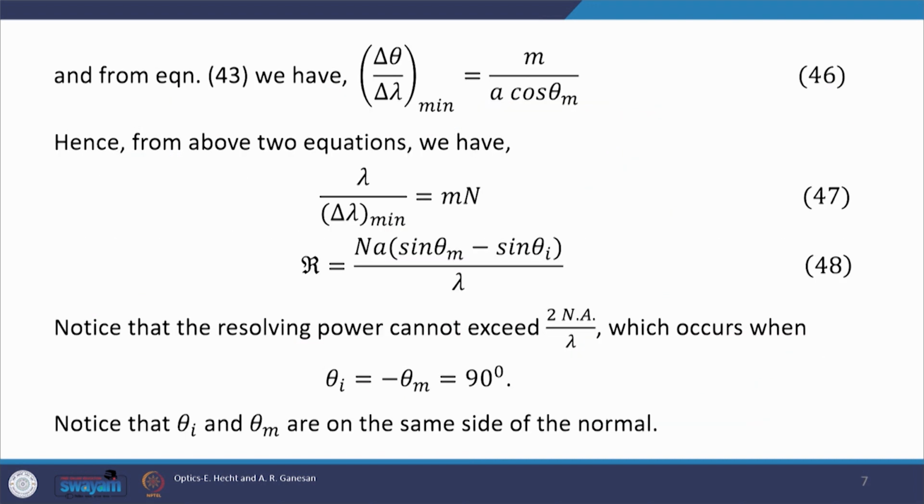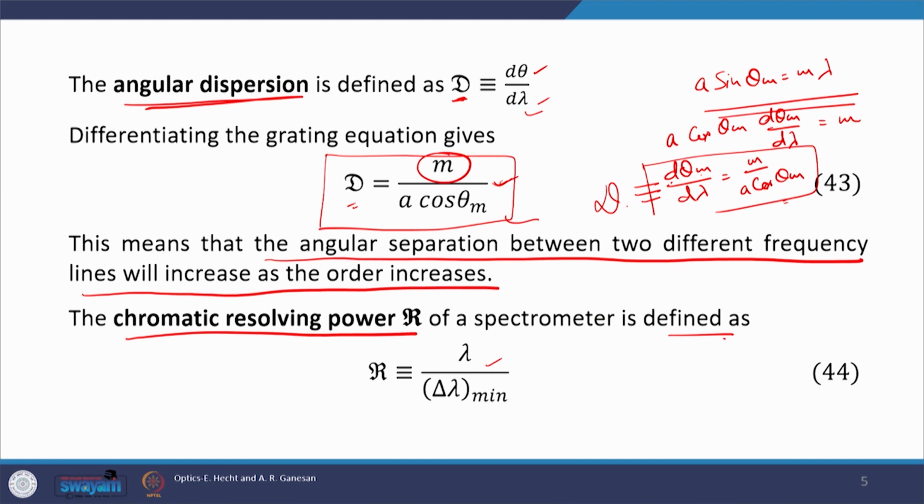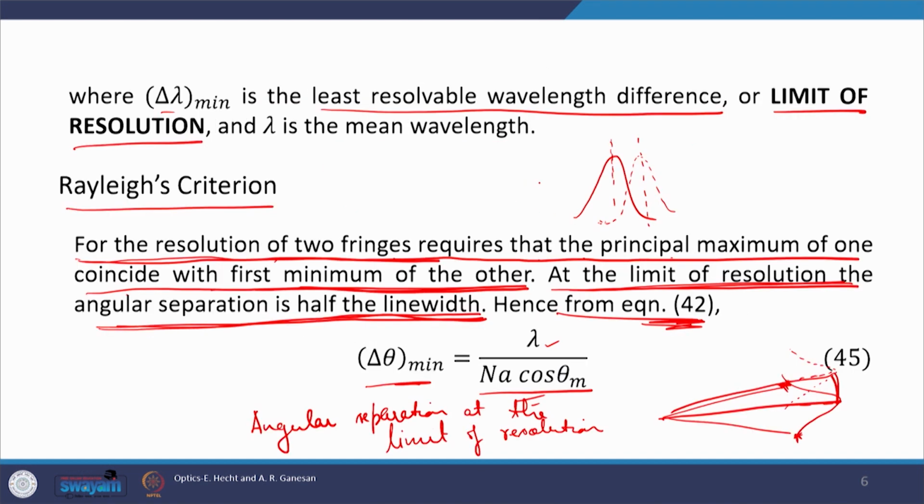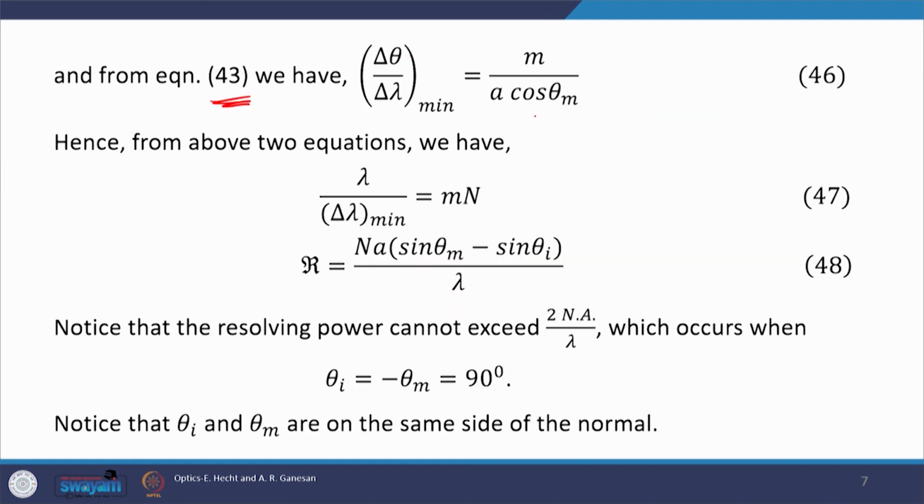Now, once this is known, from equation 43, which is the angular dispersion, we can calculate delta theta upon delta lambda. Delta theta upon delta lambda is m by a cos theta m.